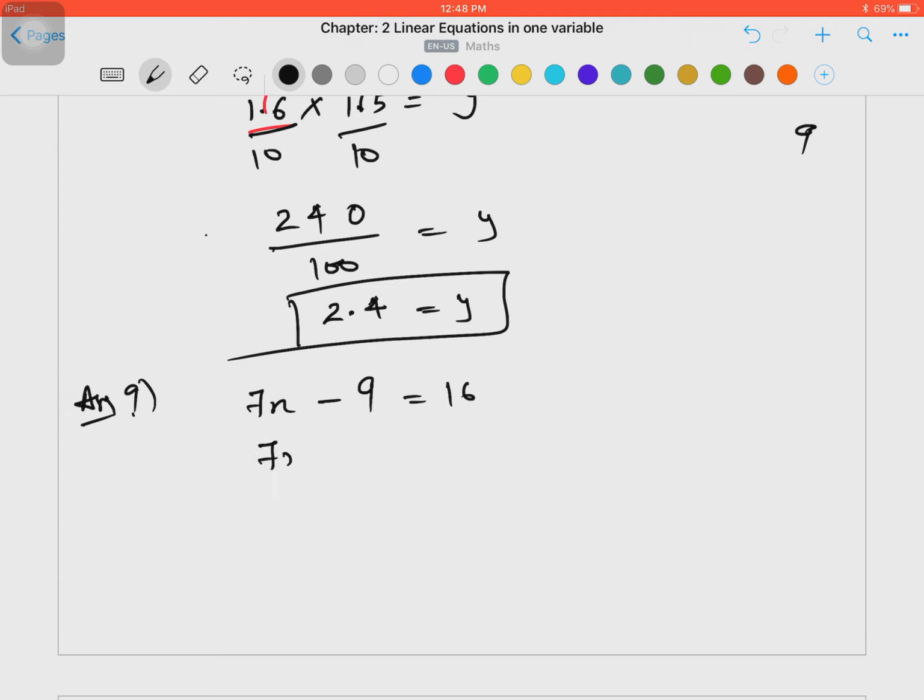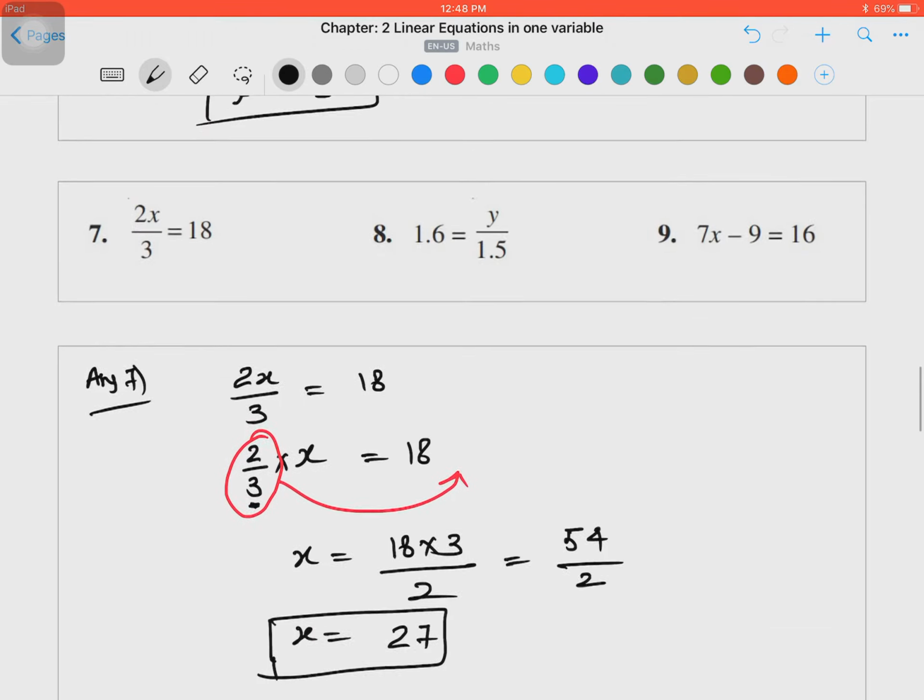Okay, again keeping this 7x here, we'll shift this minus 9 onto the other side, so it will be plus 9. Here we have 7x equals 16 plus 9 is 25. Okay, so x will be equal to 25 by 7.